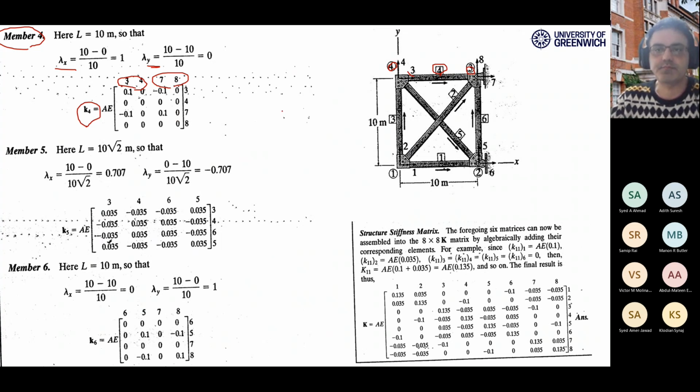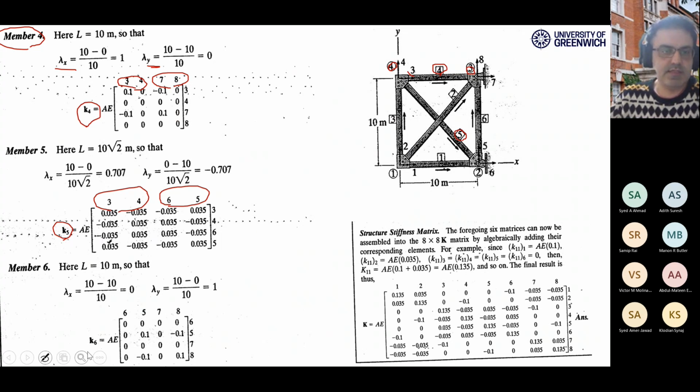So let's do it for element number 5 as well. Element number 5 is this one. The near end is joint number 4, gives me 3 and 4. And the far end is joint number 2, which gives me 6 and 5.